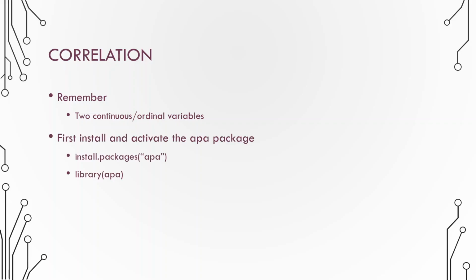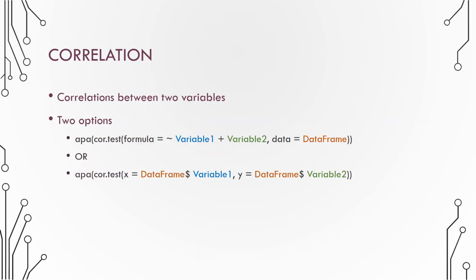So we're going to use a package here called APA. The APA package technically doesn't actually run the correlation. It just tidies up the correlation for us and gives the output in a much nicer format that's easier to use. So you've got two options for your code here.